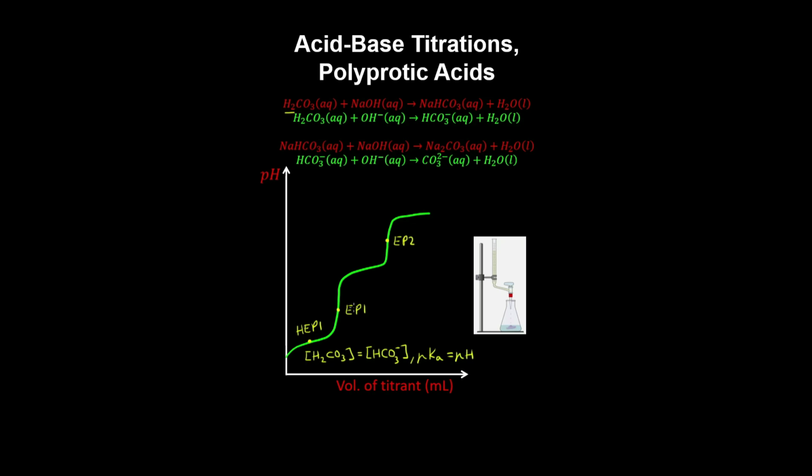Now at the equivalence point, all the acid has been consumed, and we're left with the conjugate base. And it's the weak acid resulting from the protonation of carbonic acid. So at the half equivalence point, within the next buffer, the concentration of this acid is equal to the concentration of its conjugate base.